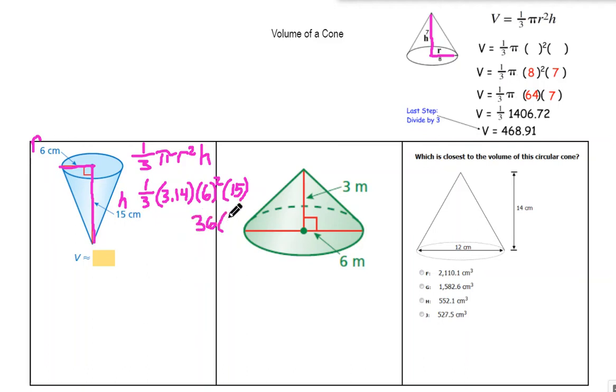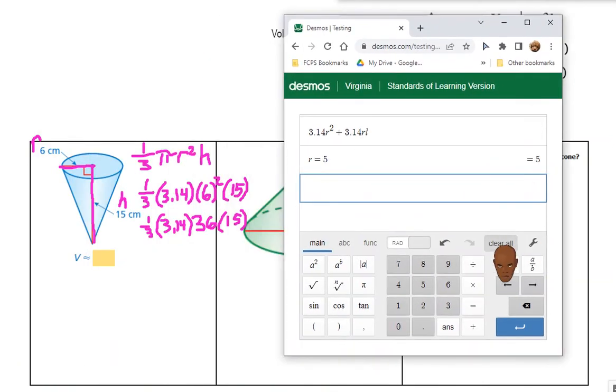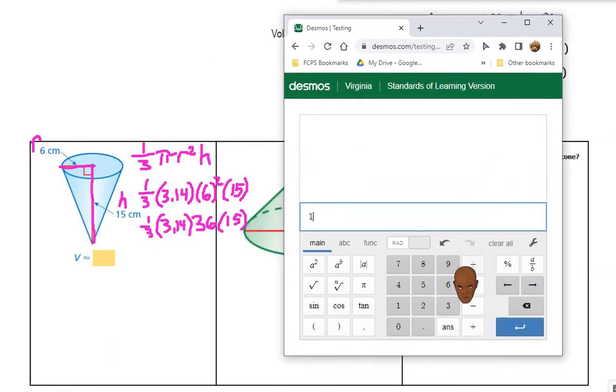So now I can take that 36 and multiply it to everything else, right? So I can do 3.14 down here, bringing everything down, 1/3, and I can multiply all these across and get my answer of my volume of this cone. So let me clear all this out. 1/3 times 3.14 times 36 times 15.